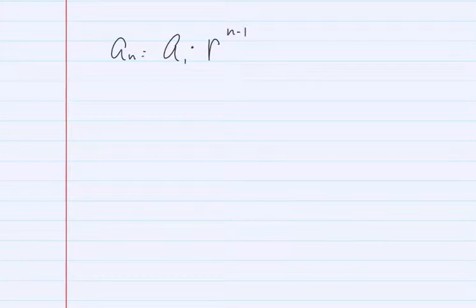So the rule for a geometric sequence is a sub n equals a sub 1 times r to the n minus first power. So let's go ahead and look at an example for which we need to write a rule. The first couple terms are 4, 20, 100, 500.